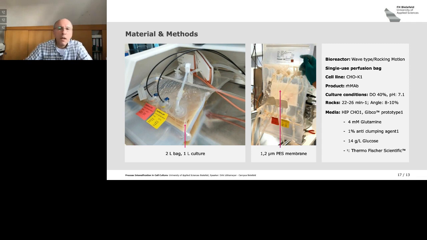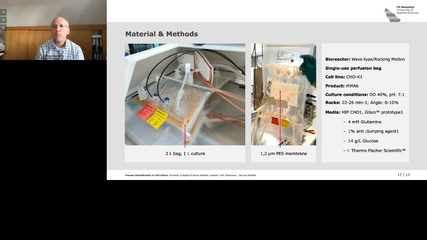And in the middle, you see this white sheet. This is a cell retention device. It's a 1.2 micrometer membrane, which retains the cells. We used for our cultivation CHO cells producing monoclonal antibody.